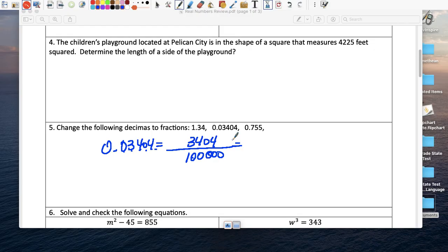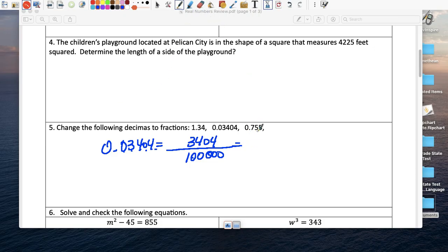Enter. Oh, shoot. Sorry. Let me do that again. I pressed the wrong button. 3,404 at the bottom is 100,000. Simplify. Enter. It's giving me a domain error for some reason. Well, you can simplify.